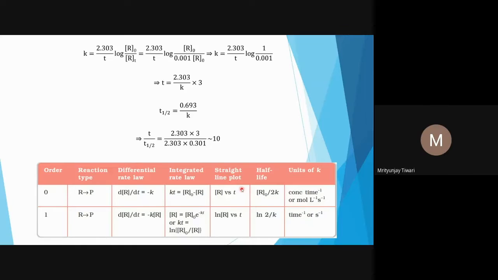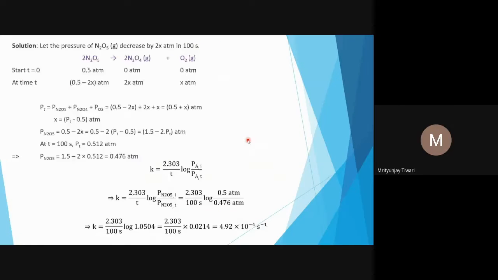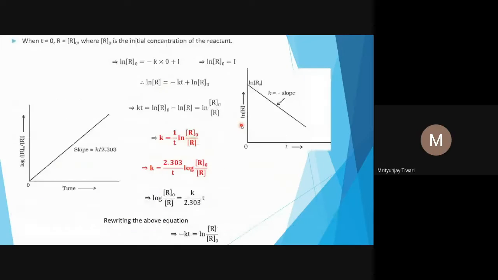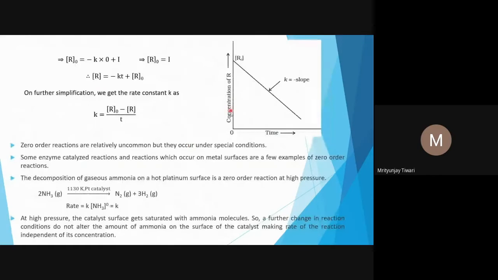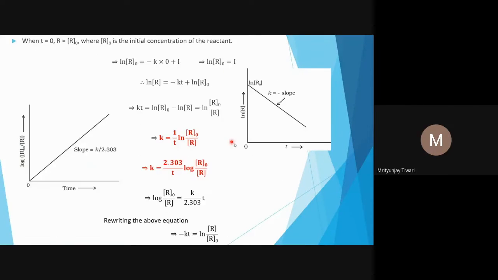What we see is that a straight line plot was obtained in the case of zeroth order reaction for the concentration of the reactant versus time plot. However, for the first order reaction, log of [R] or log of [R] naught by [R] versus time plot was a straight line plot.